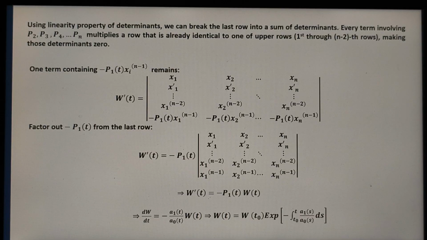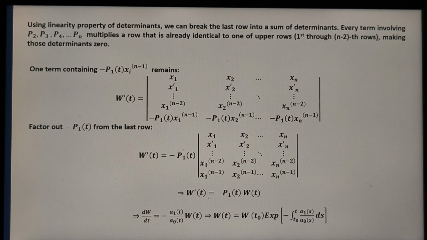Every term involving p2, p3, p4, ..., pn multiplies a row that is already identical to one of the upper rows, so first through n minus 2 rows, making those determinants 0. So we can get only one term containing minus p1 xi^(n-1). So therefore W'(t) becomes of the form.